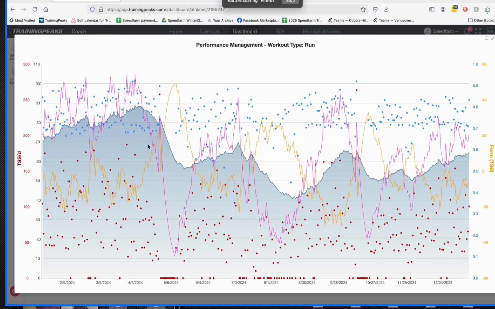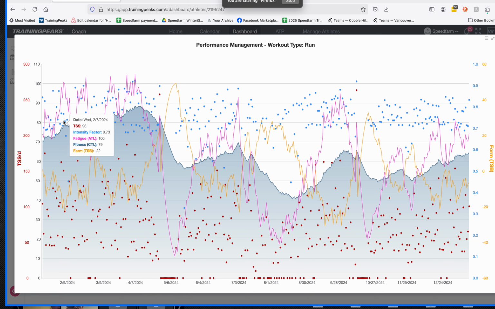What this chart is doing is taking every single workout that you've done and looking at the intensity and the training stress score for each of those workouts, and then plotting them all on this graph to give some idea about what the flow has been like of training stress and freshness as you've gone through your season. So this is an entire year of Martin's data.